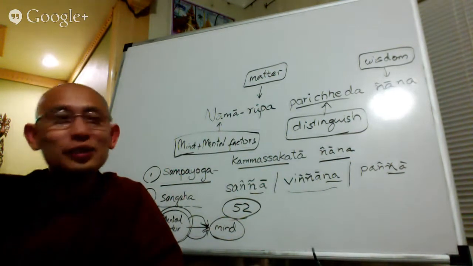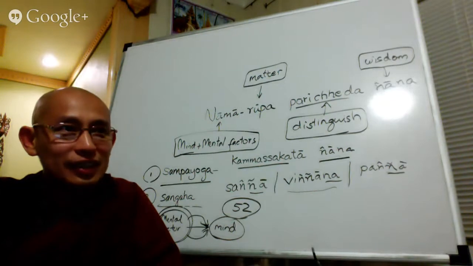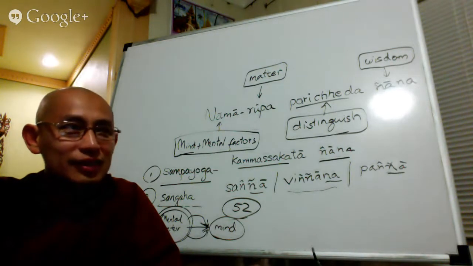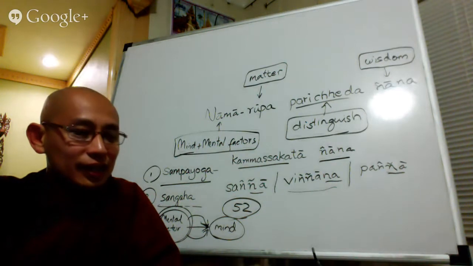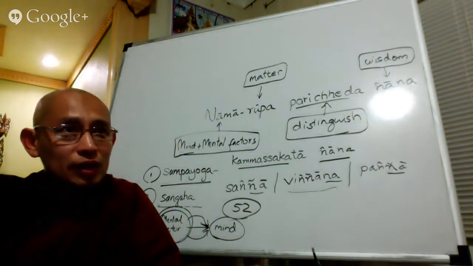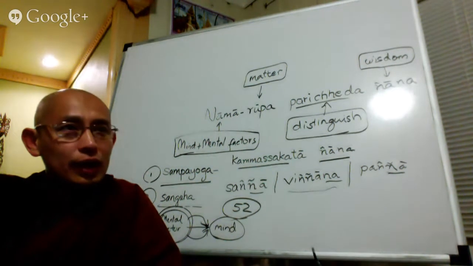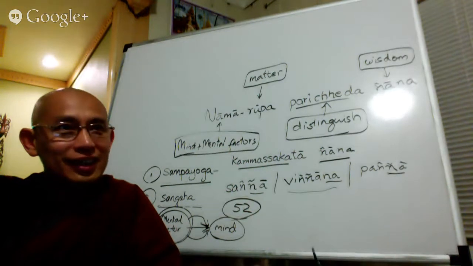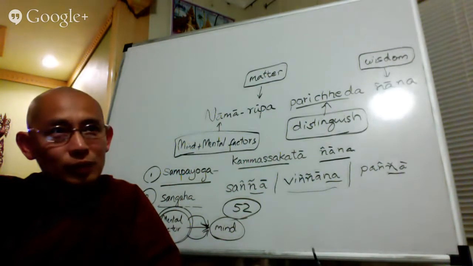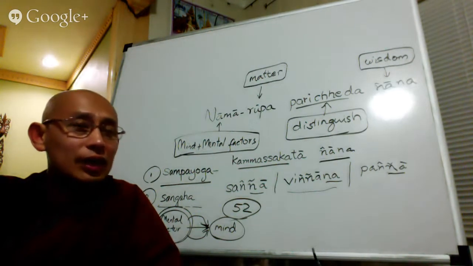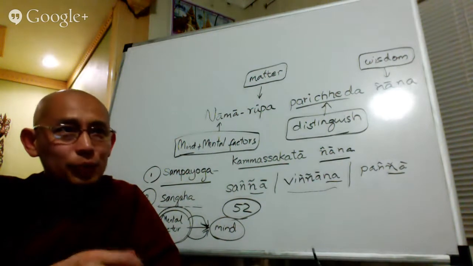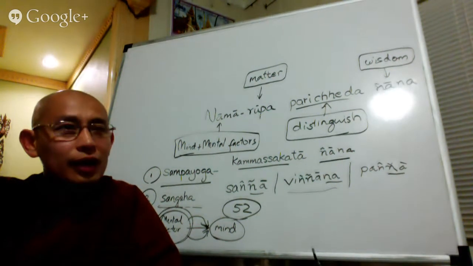So we need to think about the different jhana levels. First jhana level: vitakka, vicara, piti, sukha, ekaggata, so first jhana is associated with piti. Second jhana level: vicara, piti, sukha, ekaggata, so piti.